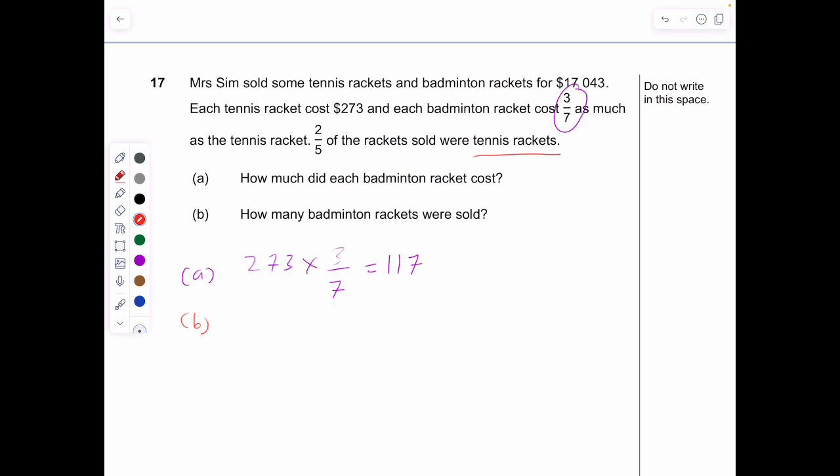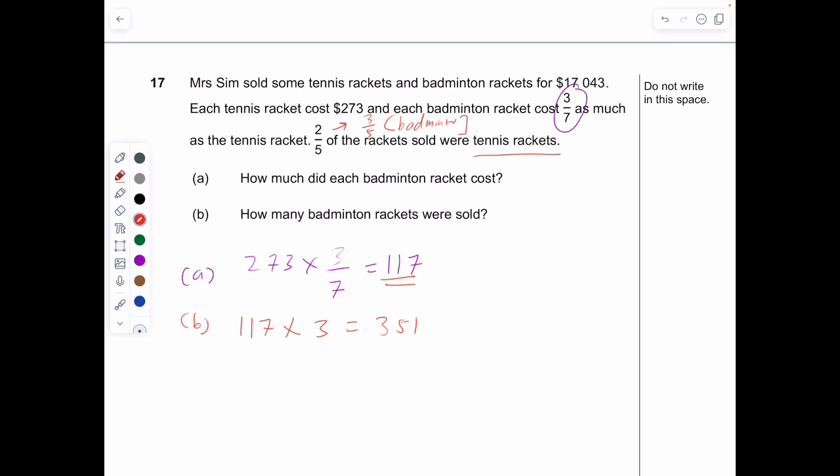That means the remaining 3/5 of it, 3 out of 5 of it, would be for my badminton rackets. So my badminton racket costs 117, right? So 117 multiplied by 3, that would be 351.